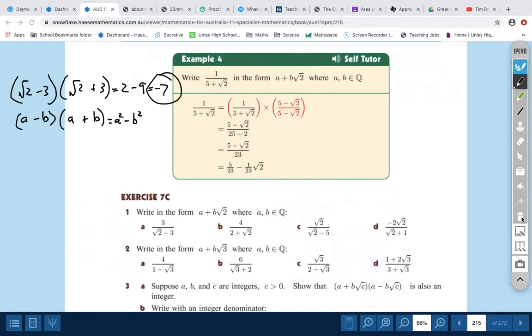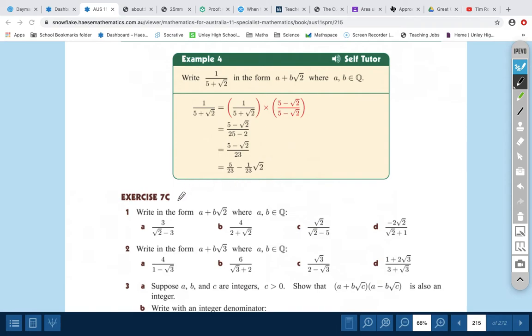With a fraction, you can do anything to a fraction as long as you do it to the top and the bottom. So with this example here, let's see how good this pen is. I'd have to multiply the top as well by root 2 plus 3, as well as the bottom. Right? As long as you, sorry, that's not good.